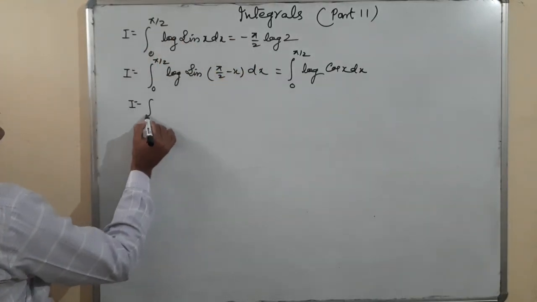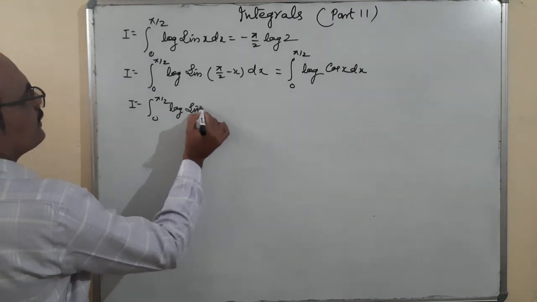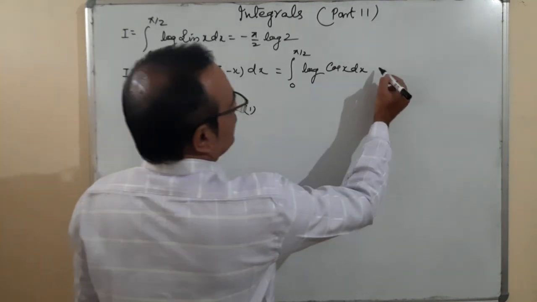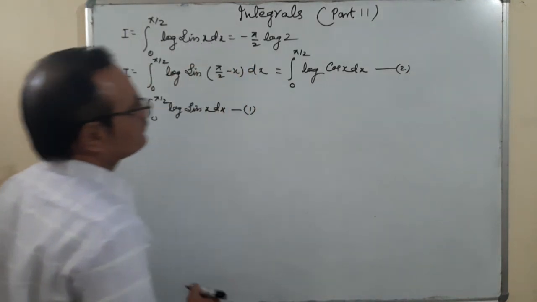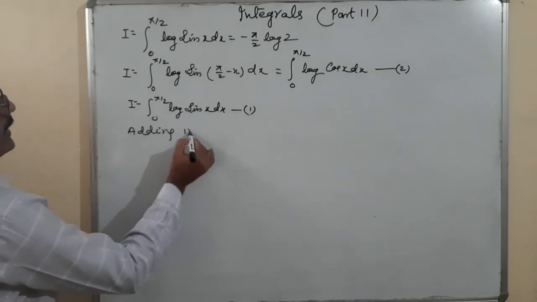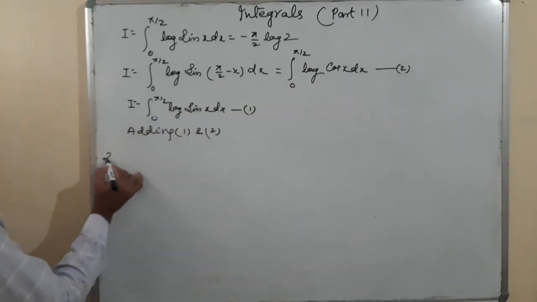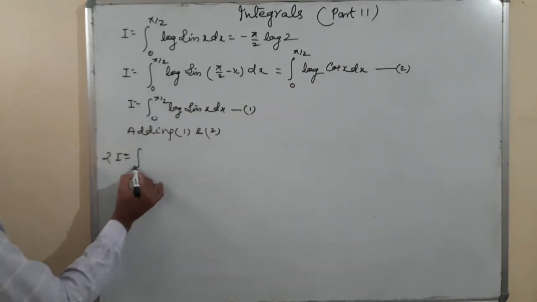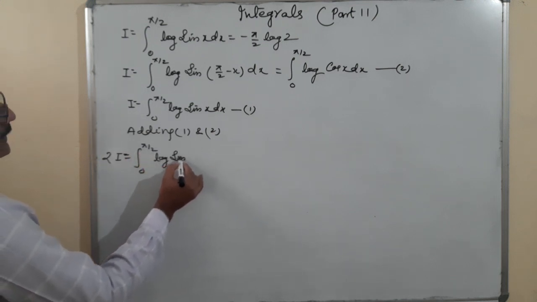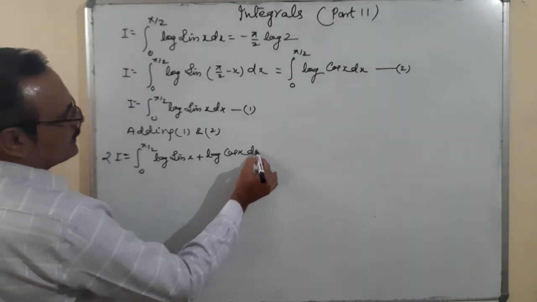I is equal to the integral from 0 to pi by 2 of log sin x dx. This is equation number 1, and that is equation number 2. Adding 1 and 2, we get 2I is equal to the integral from 0 to pi by 2 of log sin x plus log cos x dx.